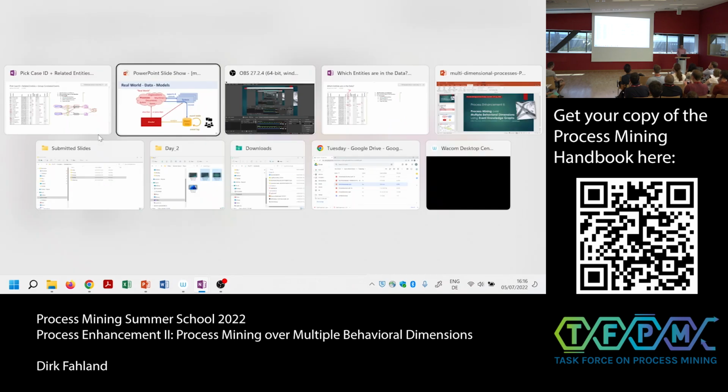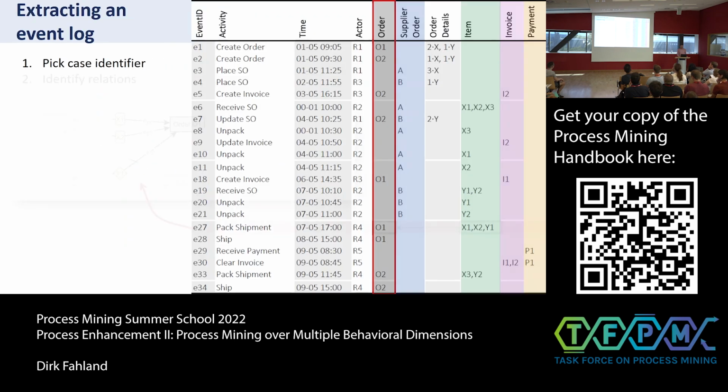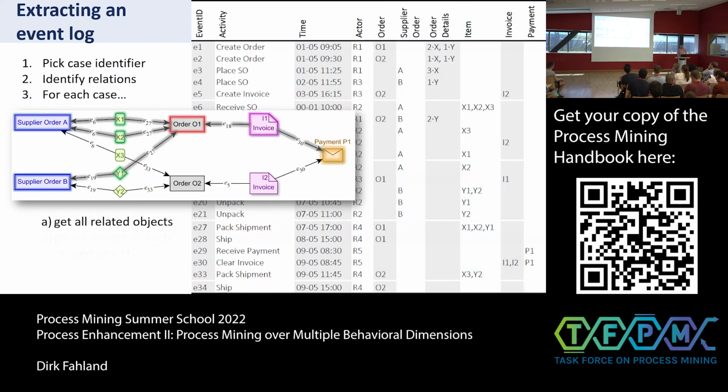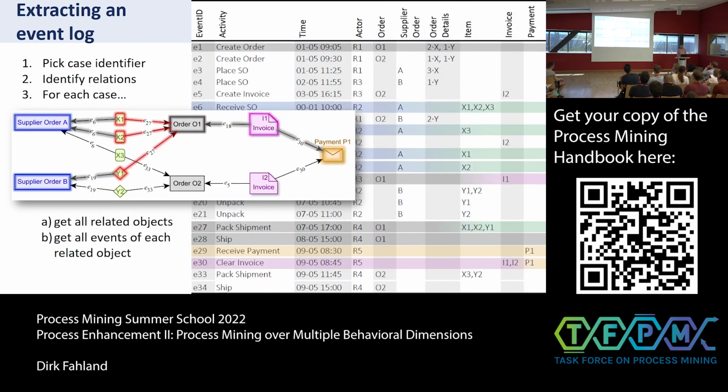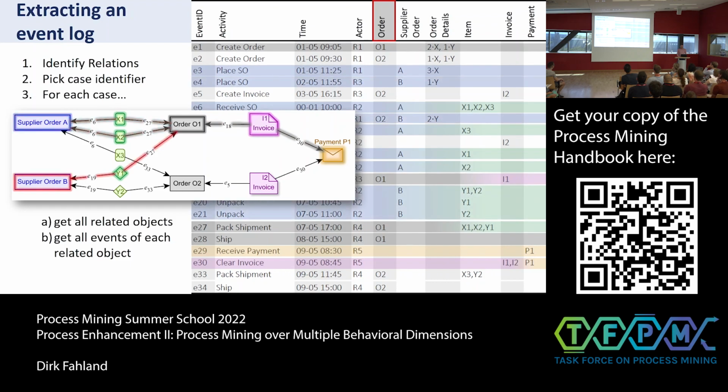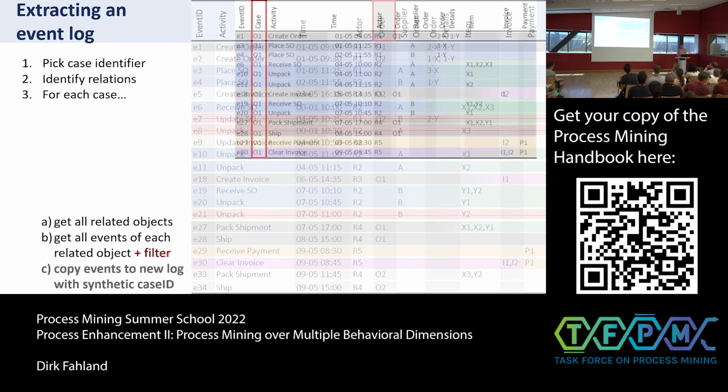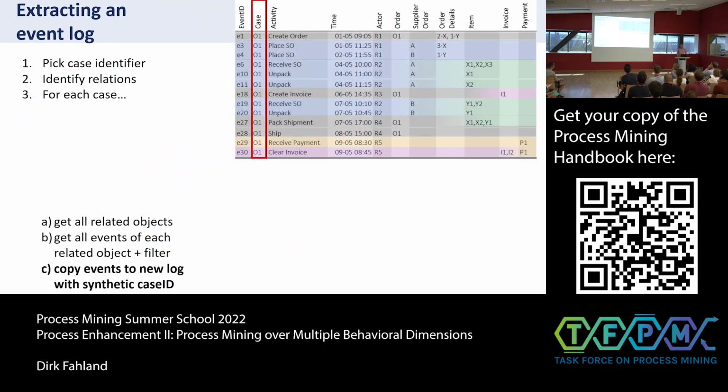Then we switch to the slides that summarize what's here, right? So it's all animated. You can also look this up later. What we get by doing this is this event table, all the events that have been connected in some way to order O1, and I'm creating a copy of these event records into a new table.